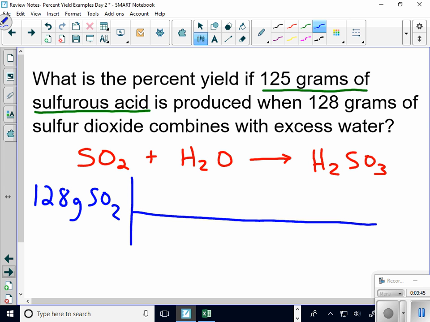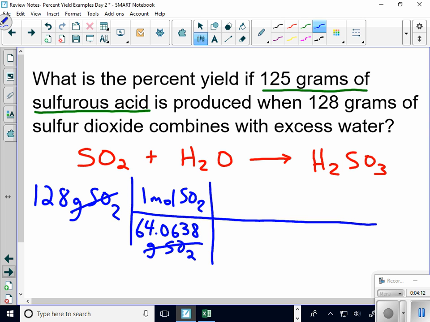So, 64.06 grams of SO2 is 1 mole of SO2.